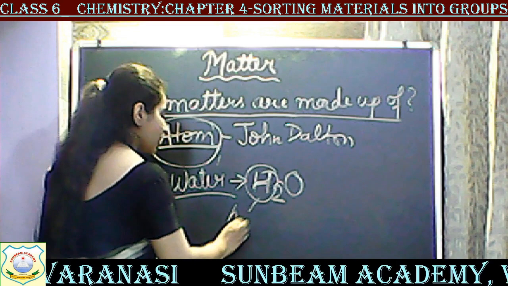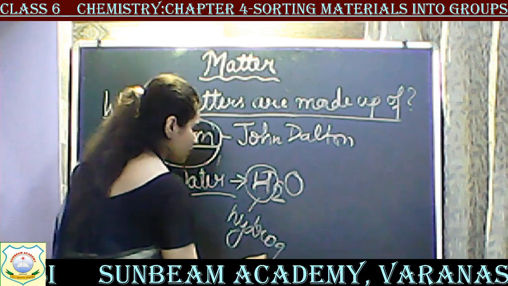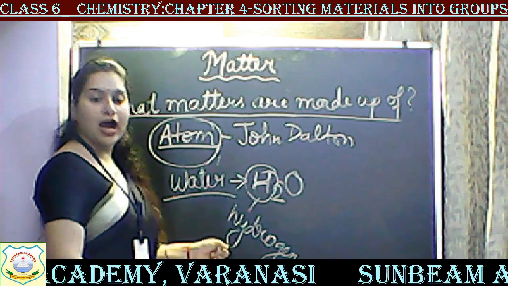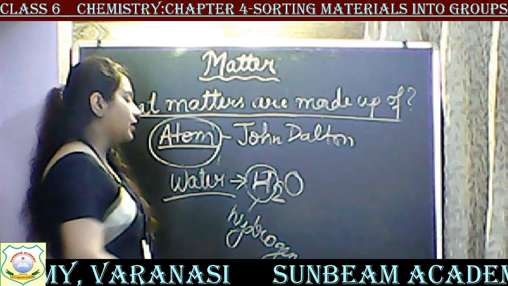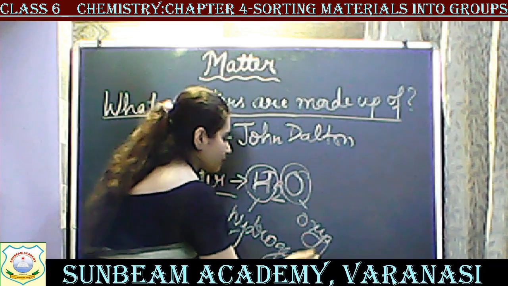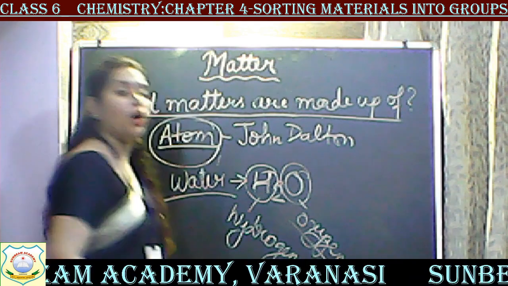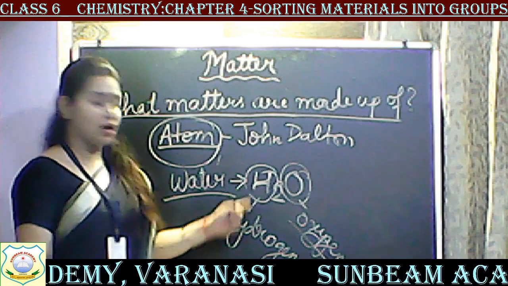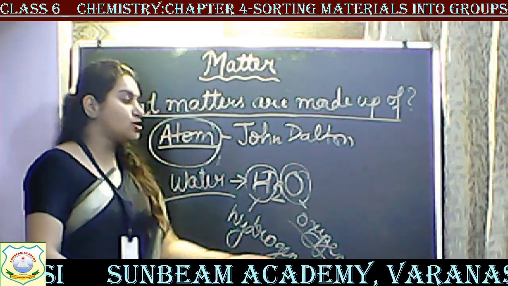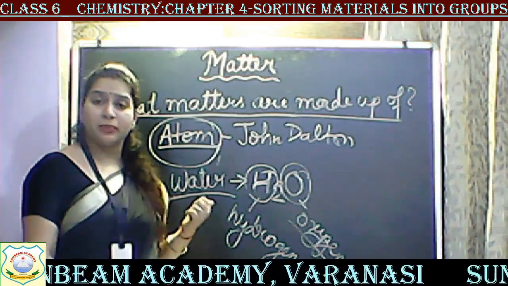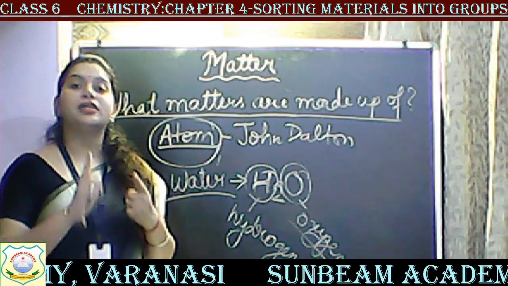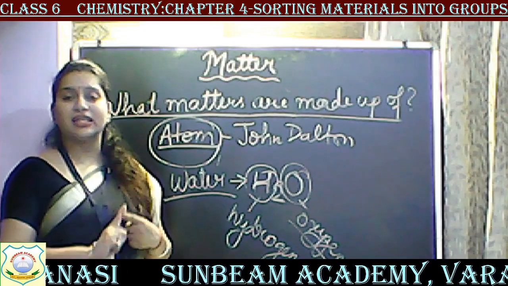H is hydrogen. What is it called, children? H is called hydrogen. Capital H is hydrogen. Capital O is oxygen. So, water is not made up of one single atom.